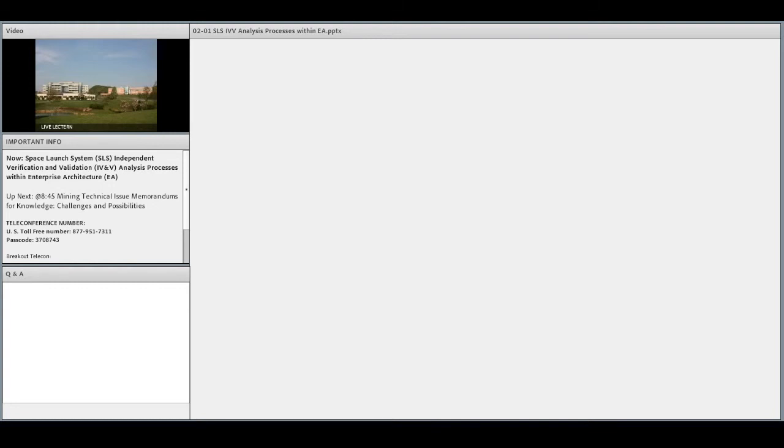So we'll be using these tools to examine all these things along with the rest of our IV&V technical framework elements and analysis checklist. And the next chart.